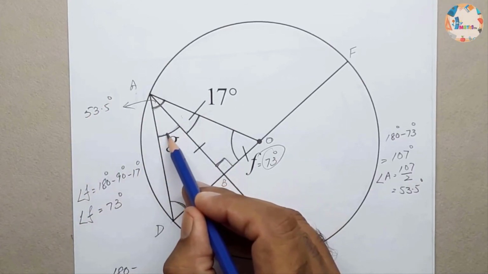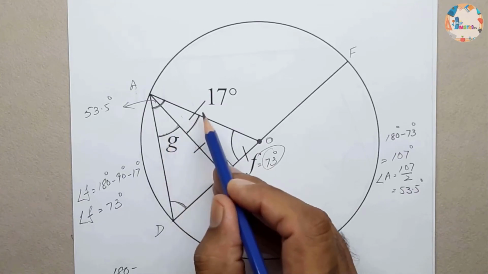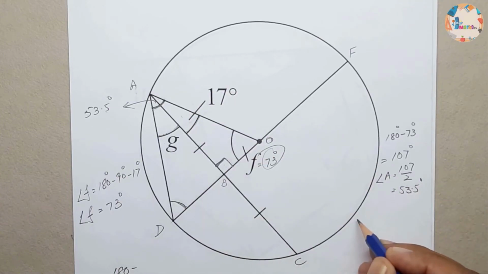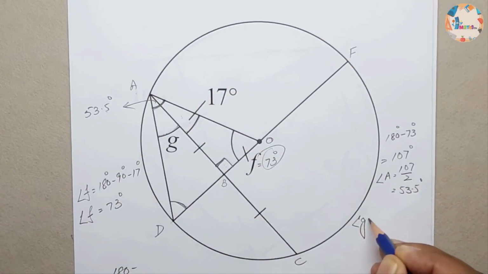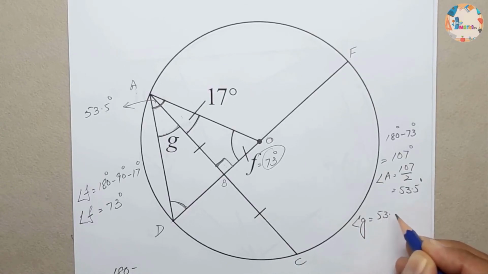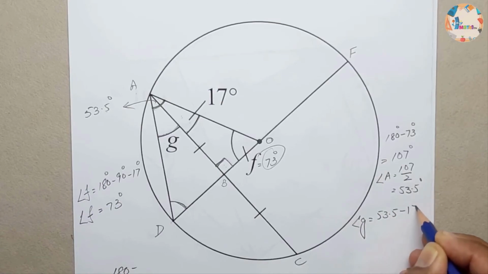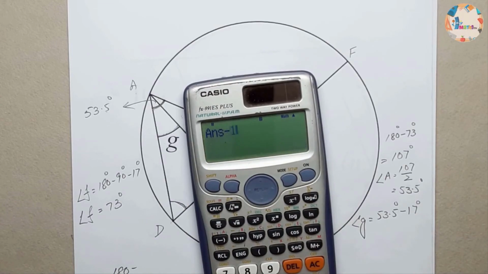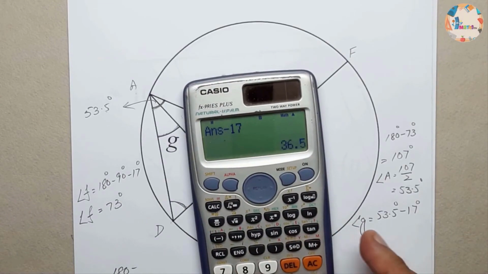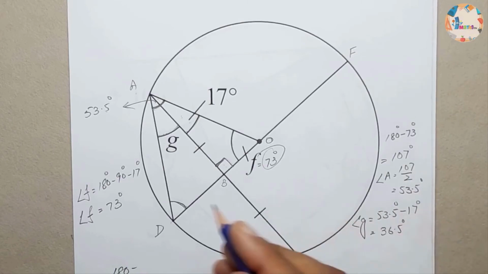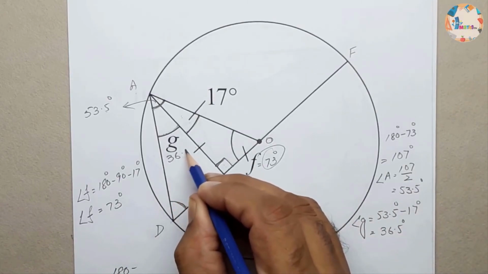Now we can reach angle G, which is 53.5 minus 17. So angle G is equal to 53.5 minus 17 degrees, which is 36.5 degrees. So this angle is 36.5 degrees.